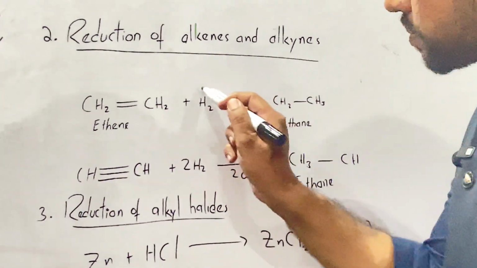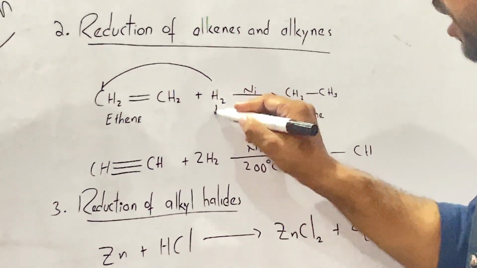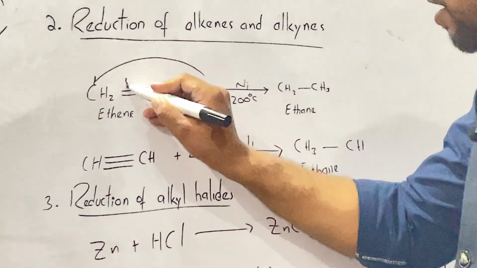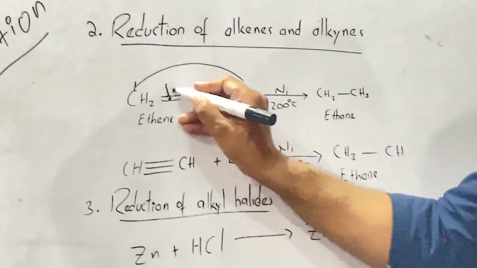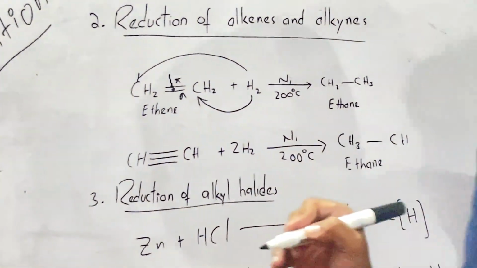Okay, so we have to add hydrogen to the ethene molecule. One hydrogen will attach to that carbon and the second hydrogen to the other carbon, by breaking the pi bond. There are two bonds: that is the pi bond and that is the sigma bond.